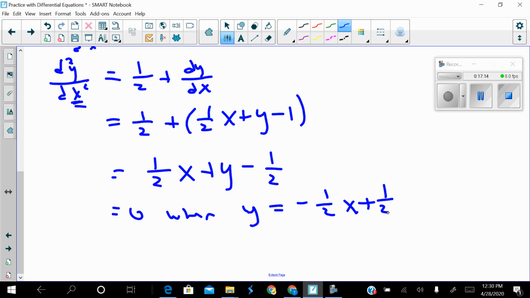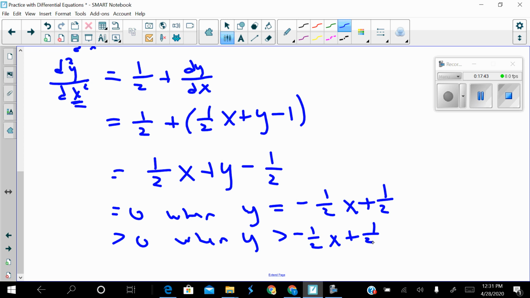So at all the points, which would just be points on a line, where y equals negative 1/2 x plus 1/2, the second derivative would equal 0. But we want to know when the graph would be concave up. So this second derivative will be greater than 0 when y is greater than negative 1/2 x plus 1/2. That part was a little tricky on this one.